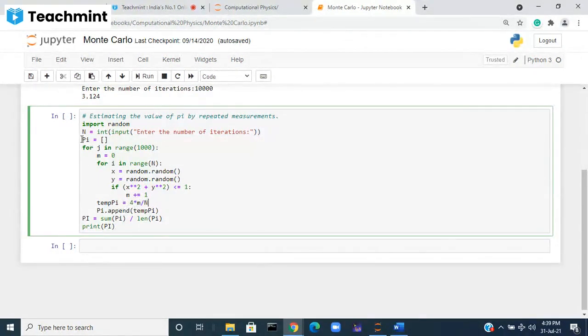Then pi list append temp pi, whatever value we obtain for pi, so you make it an element of the list. After the first loop, temp pi is appended to the list.